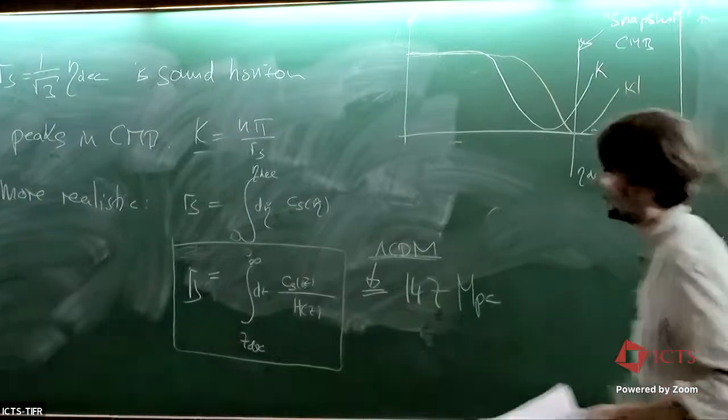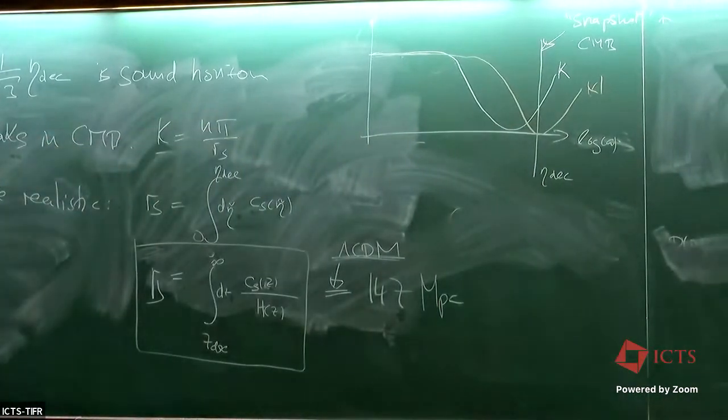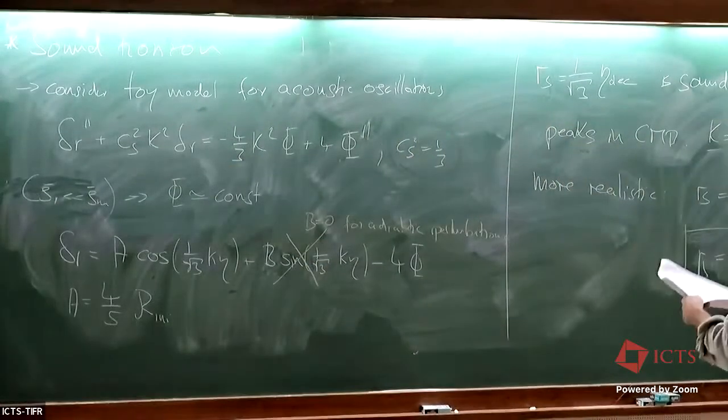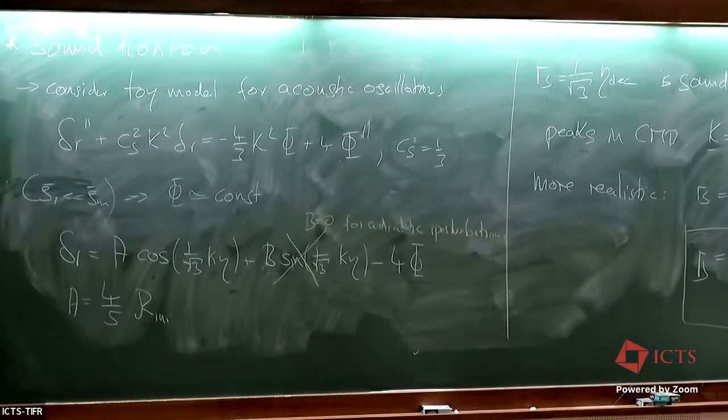So what you're going to do, you're going to look at the generalized perturbation equation and then derive the sound speed and simply plug it in here and then calculate it.